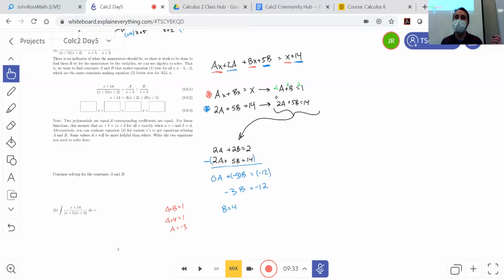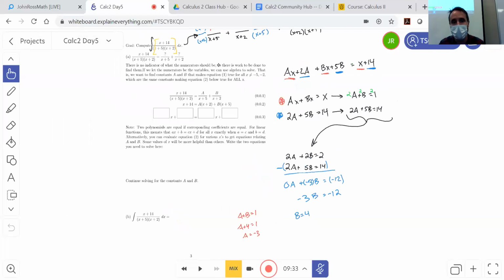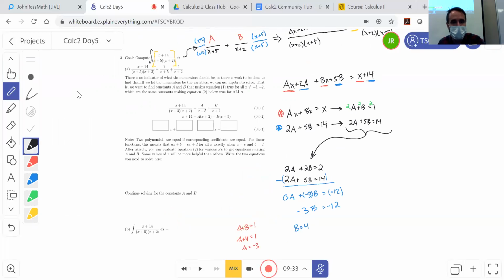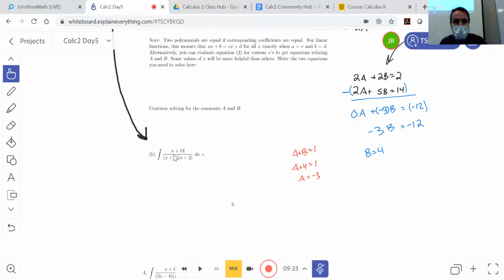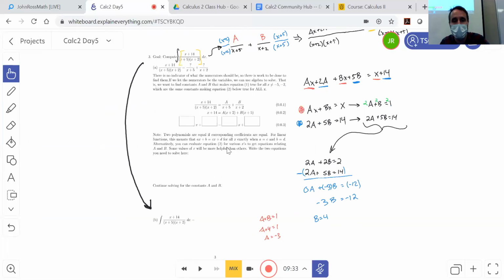So much fun. But what does that mean? What was the point of doing this, right? Well, if we go all the way back, we were trying to figure out a and b values to make these equations hold true. And so what that means, if we take that information and go all the way down here, is that the quantity x plus 14 over x plus 5 times x plus 2 is really nothing more than a over x plus 5.